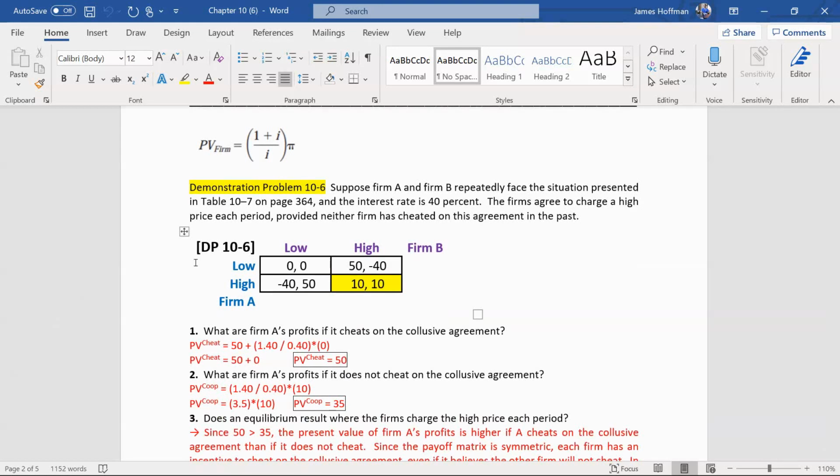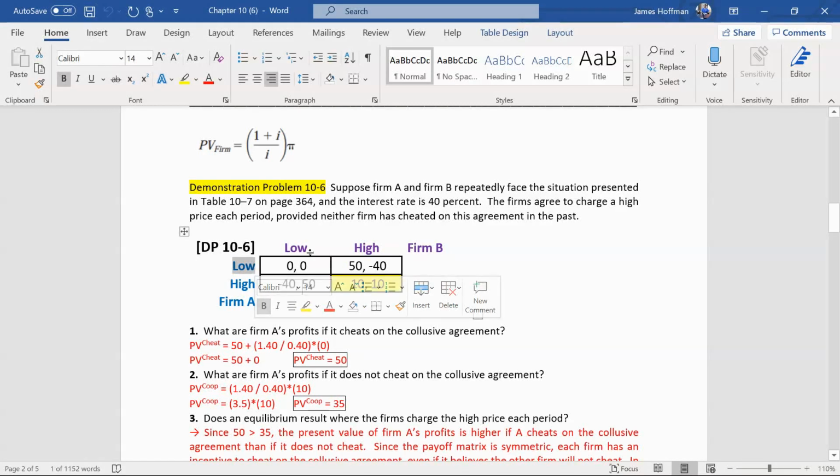Okay, so if each firm, if they didn't make an agreement and they played this game forever, then the result would just be the Nash equilibrium multiple times. So see, like if you look at it from best response, if firm A goes low, firm B can go low and get 0 or high and lose 40. So firm A is going to go low.